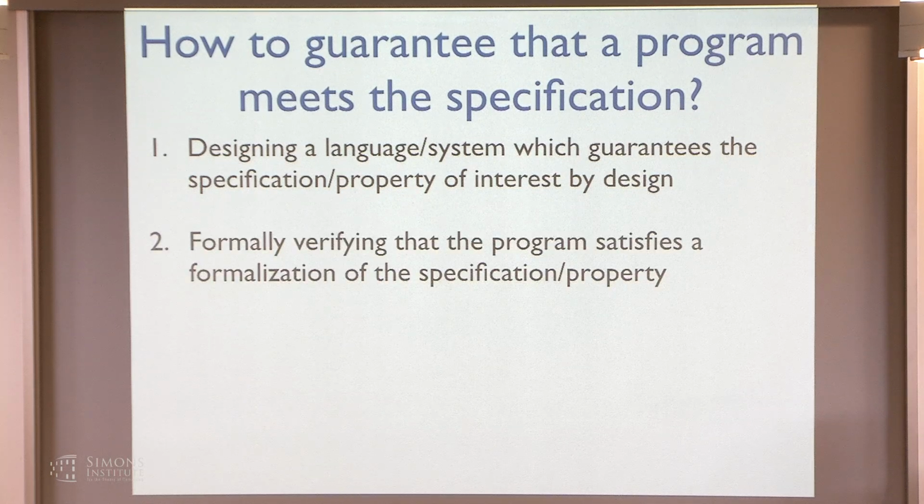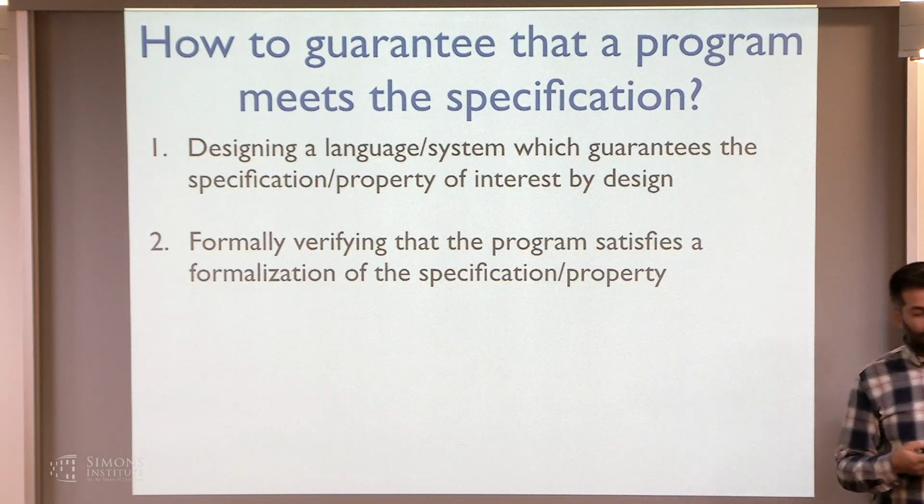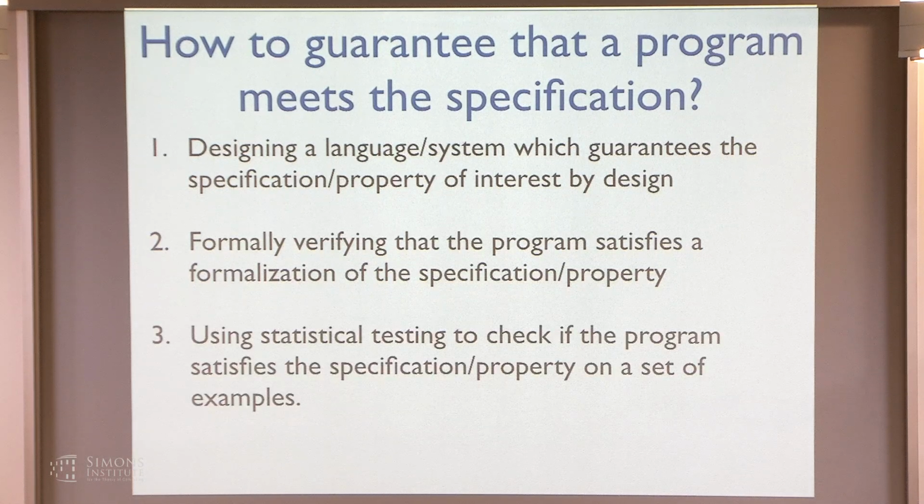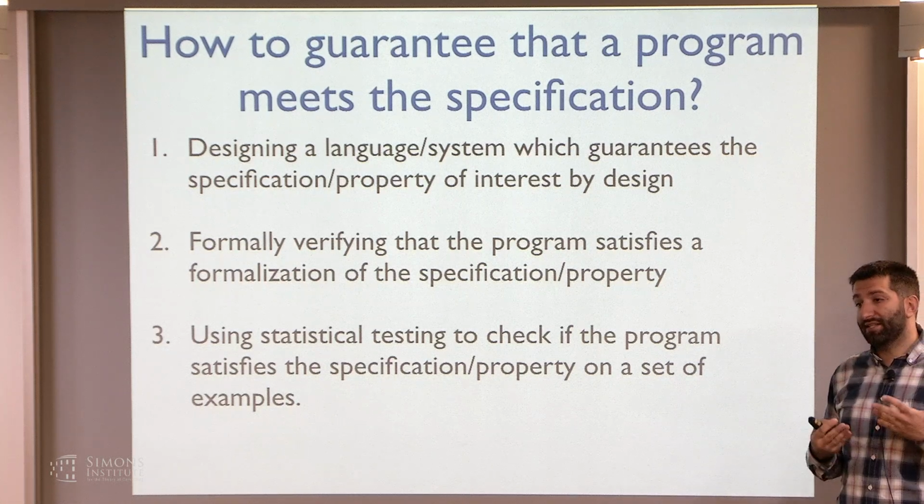Then in the second one, we will look at how to formally verify that the program meets the specification. And finally, I will also try to hint at testing that a program meets a specification.